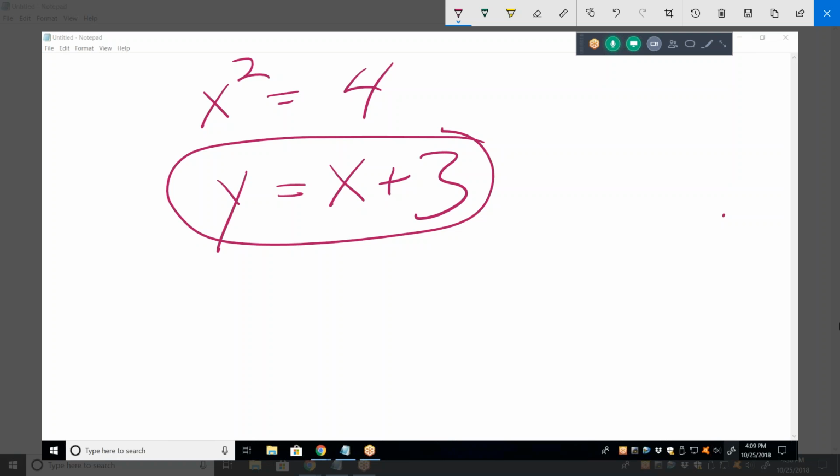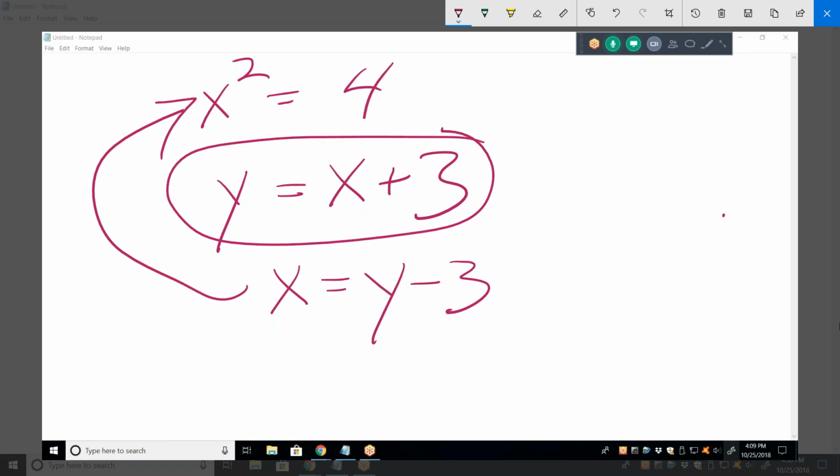So if I'm going to fully define this one, I better fully define it in terms of x. So x is equal to y minus 3, correct? Now I can substitute. So I've got y minus 3 squared equals 4. Now I can solve that for y. Once I solve it for y, I'll solve that for x.